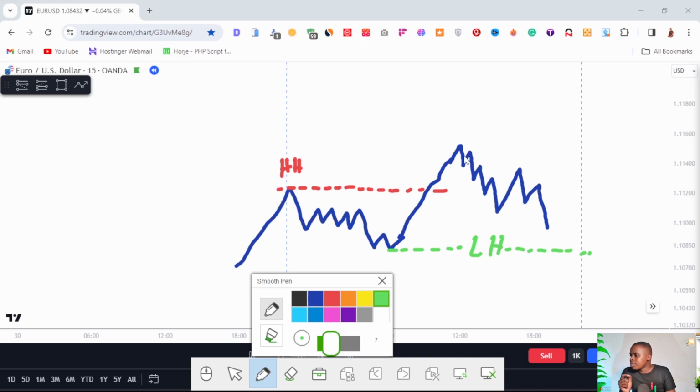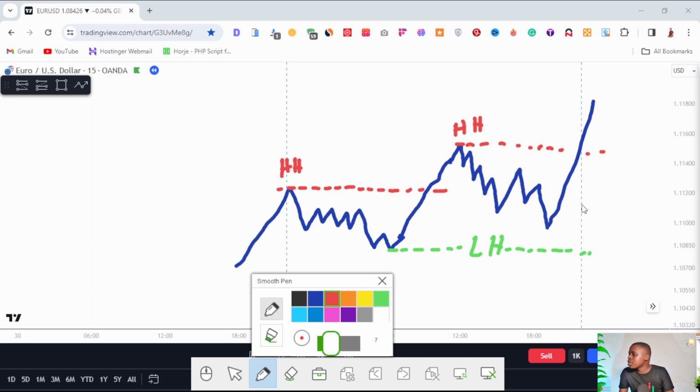Now, since this market is in a pullback, the other zone that I need to mark is this one. This is my new higher high. But it's not confirmed yet because the market hasn't broken it, right? So if this market is moving like this, and it doesn't break below here, and then by chance it goes up and breaks above the higher high, what does this mean?